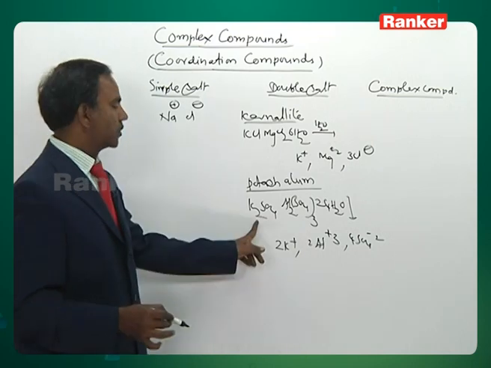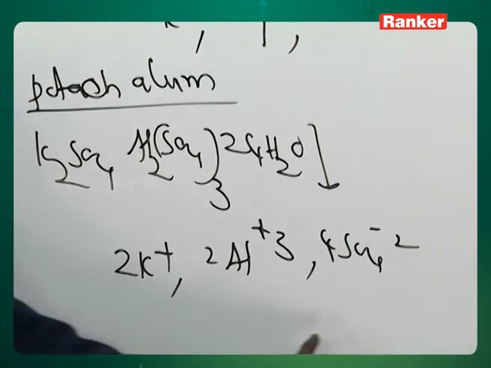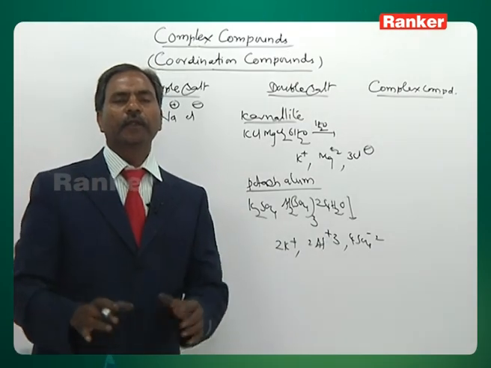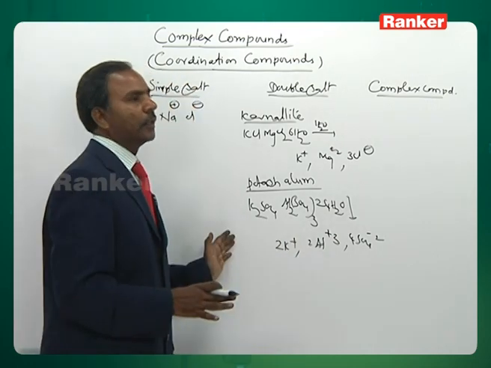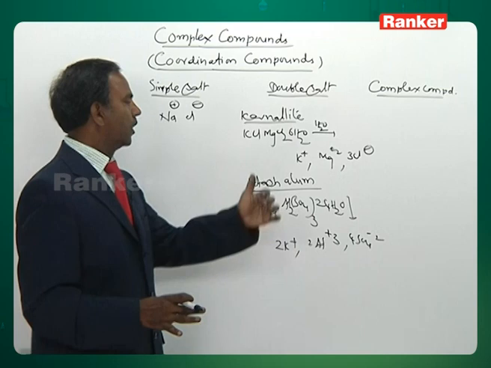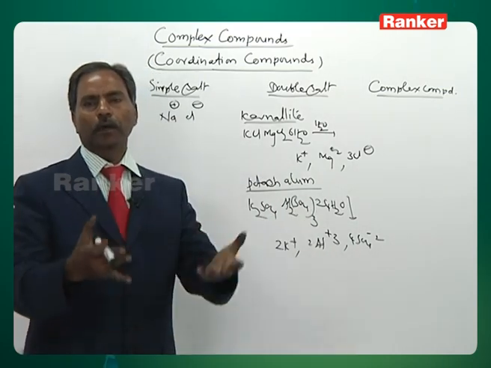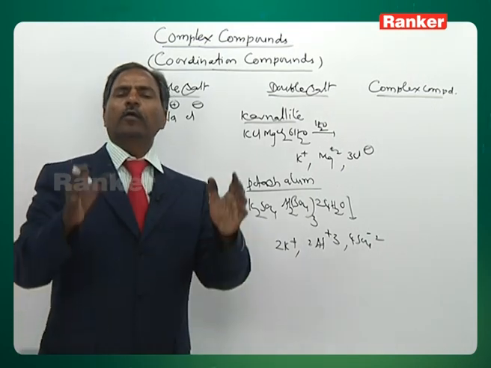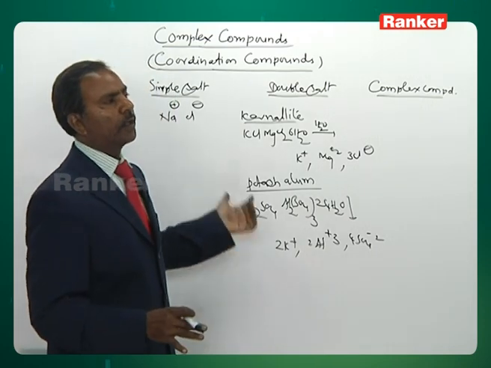This also undergoes complete ionization in aqueous solution, producing all the component ions, and all these component ions exhibit their independent or specific chemical properties because they are free in the solution. Such a salt we call a double salt.